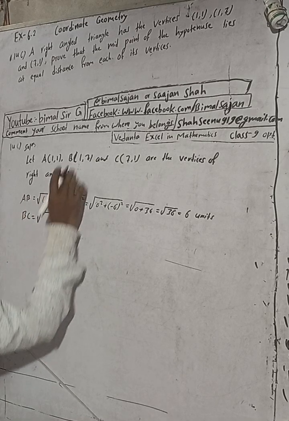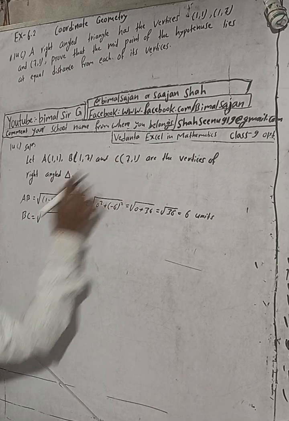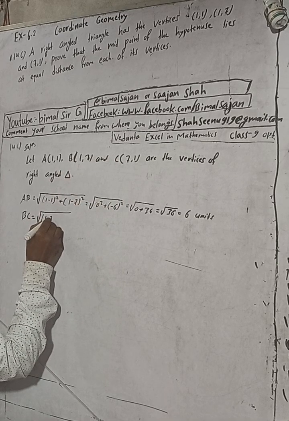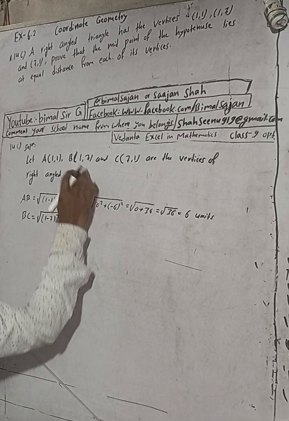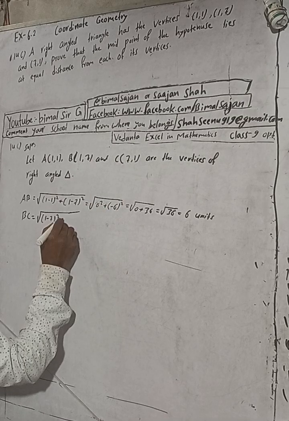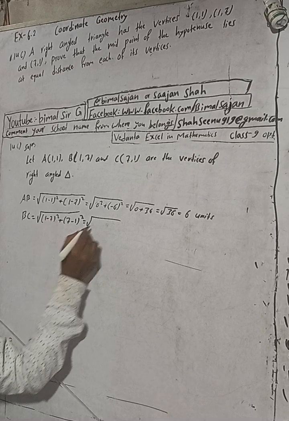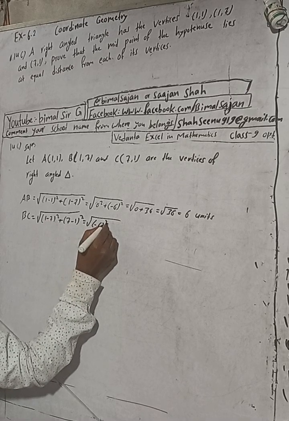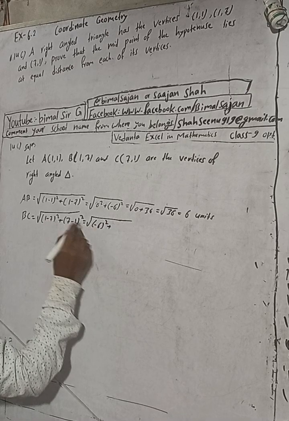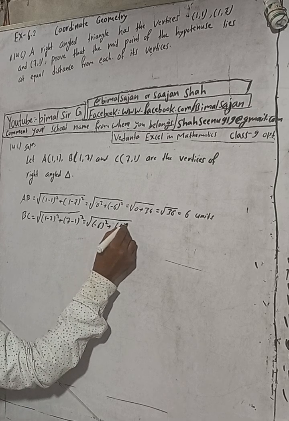BC distance is equal to (1 minus 7) whole square plus (7 minus 1) whole square. So 1 minus 7 means minus 6 whole square plus 7 minus 1 will be 6 square. So this is 36 plus 36, which is 2 into 36. So 6 will come out and root 2 will stay inside, because 6 square.